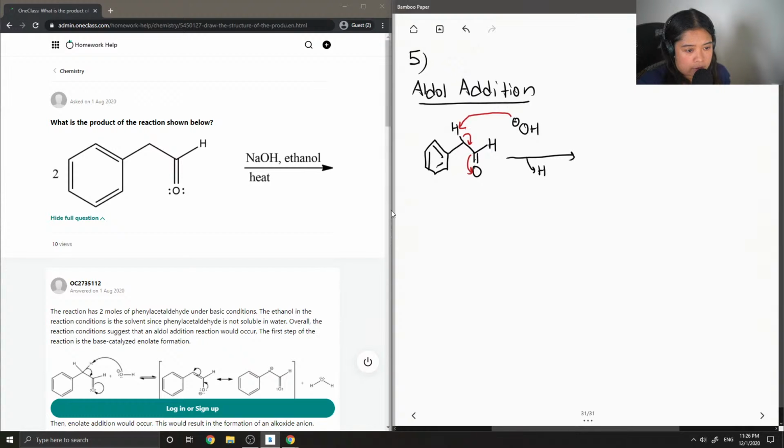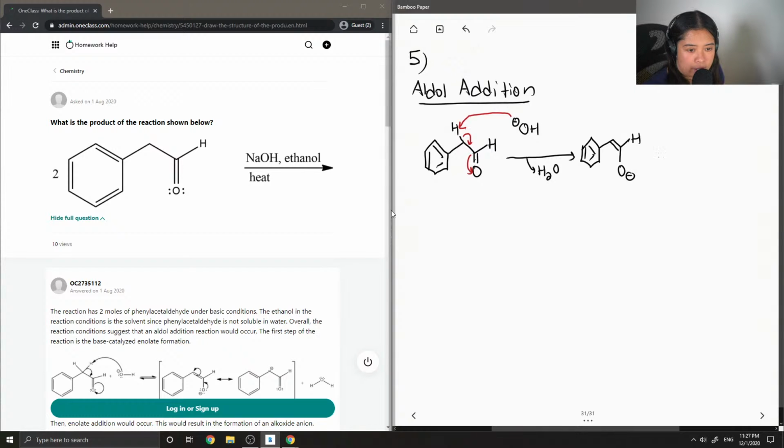So water was formed when the OH minus took the hydrogen. And now we have an intermediate that has a negatively charged oxygen and a newly formed double bond right there.